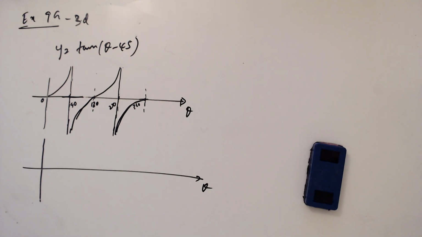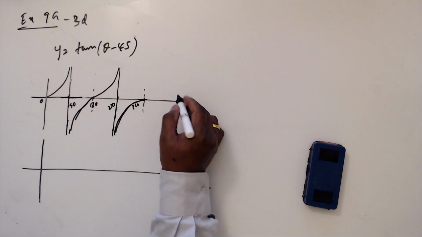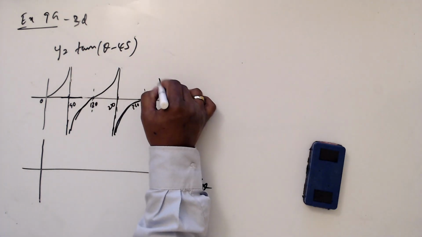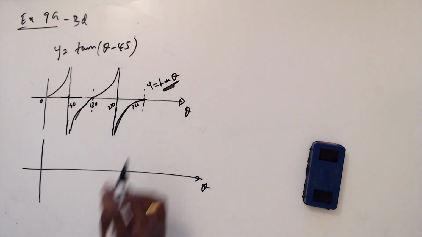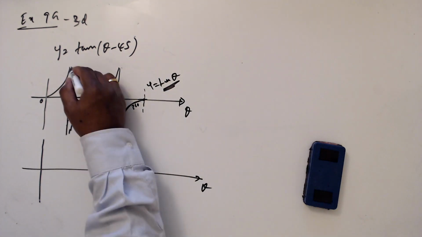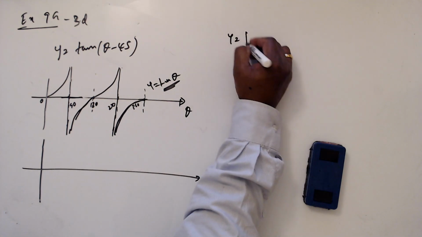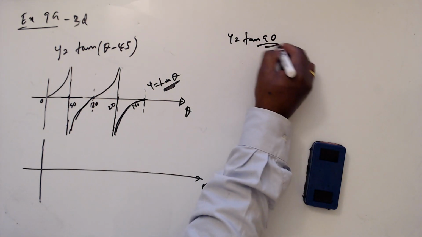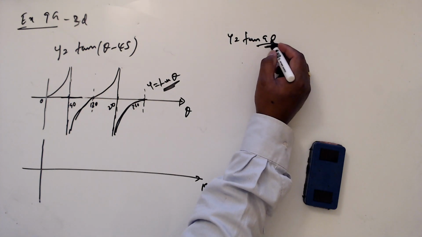The other one is y equals tan of theta minus 45. I draw tan theta first. This is y equals tan theta. We know this is an asymptote because y equals tan 90 is the problem. Tan 90 is going to be asymptotic.